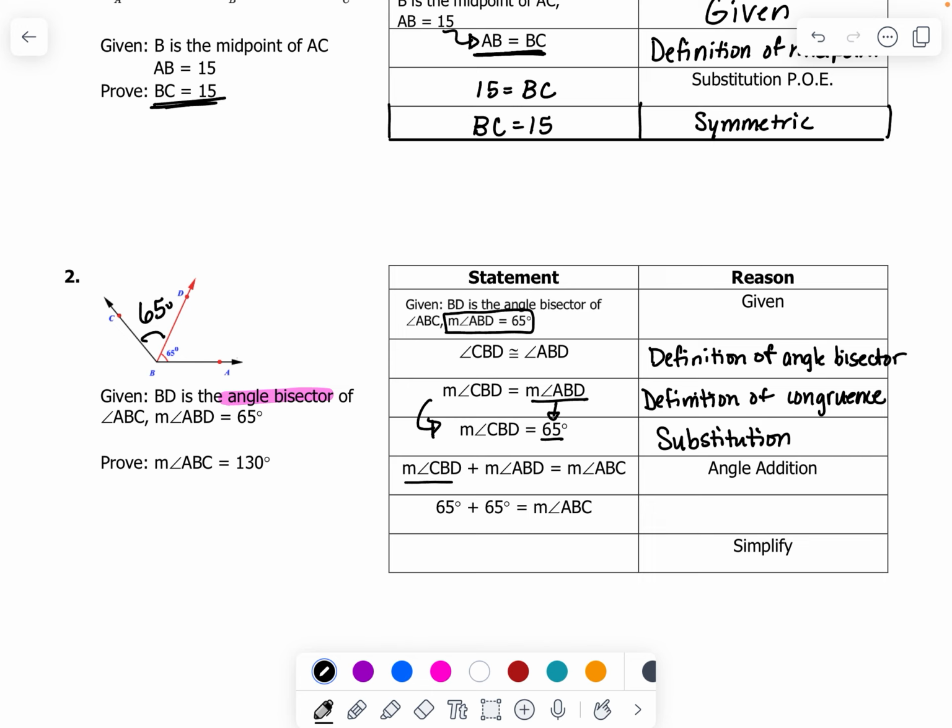Okay, now they've written out this line that says the two angles added together equals the whole angle. CBD plus ABD equals ABC. That's angle addition. And then there and there, they put in 65. They're able to do that because they know that CBD is 65 and ABD is 65. They substituted again.